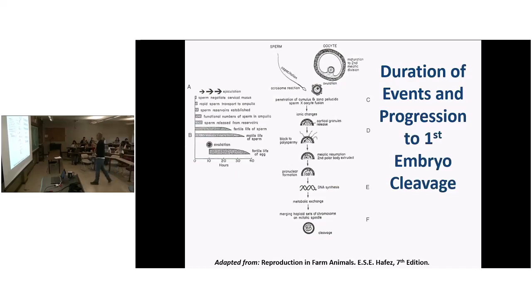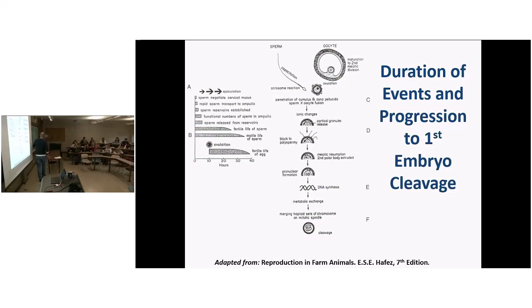At that point, we go into the duration of events or progression until the first embryo cleavage. There's a little graph here in terms of when things happen. We are here at the first cleavage.